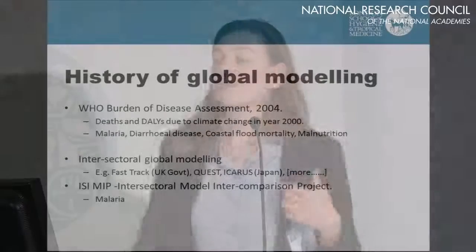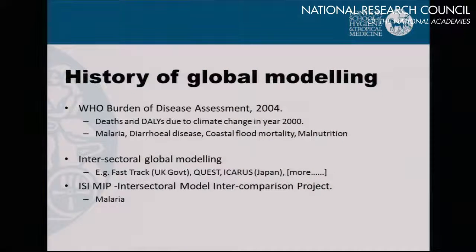And that was for deaths attributable in the year 2000. So that was deaths attributed to the warming from the 70s up to the year 2000. So in a sense, it's in the past. But our work was very much focused on projecting into the future. So the results I'm going to present are not comparable at all to that result. But the outcomes that were looked at are very similar.